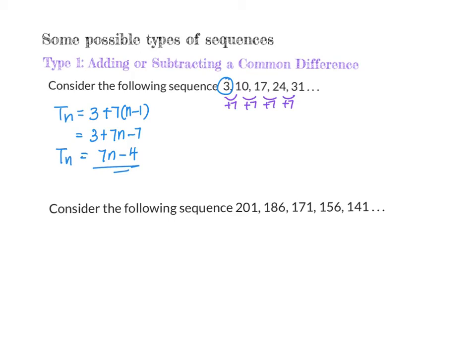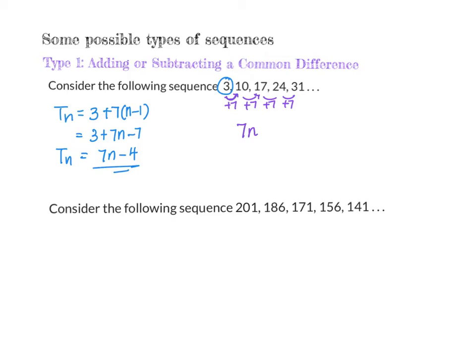Now in my second method over here, we have a little bit of a shortcut. So now I know that we are adding a constant difference of 7, right? So in this case, we will start with 7n. And we need to find out what do we need to do to 7n in order to get to the answer.